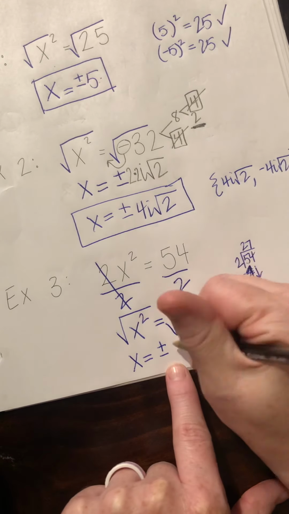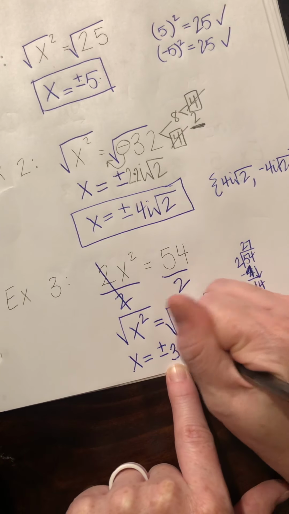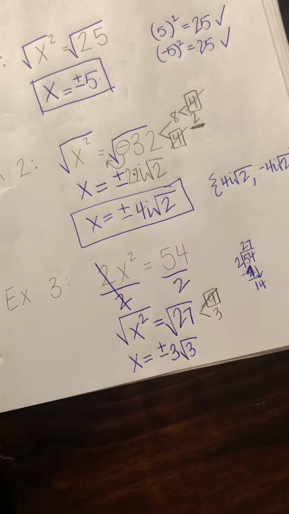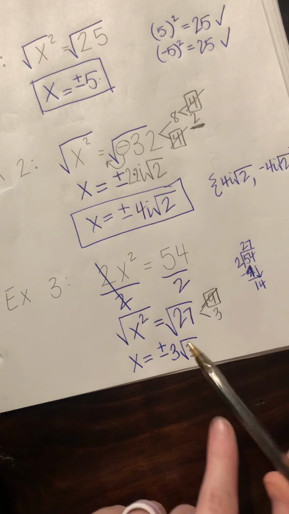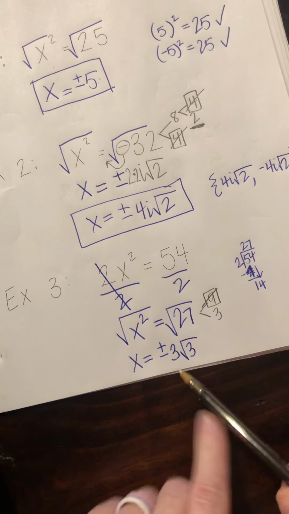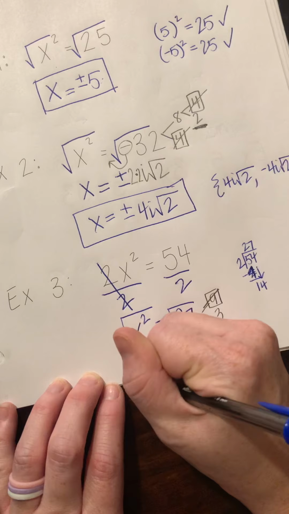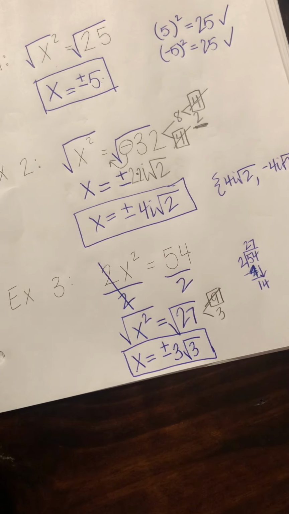The square root of 9 is 3, and this 3 that's left over is going to go back under my radical. Now, if you'll notice with this equation, there was no negative under the radical, so I do not have an i in my final answer. And this would be it.